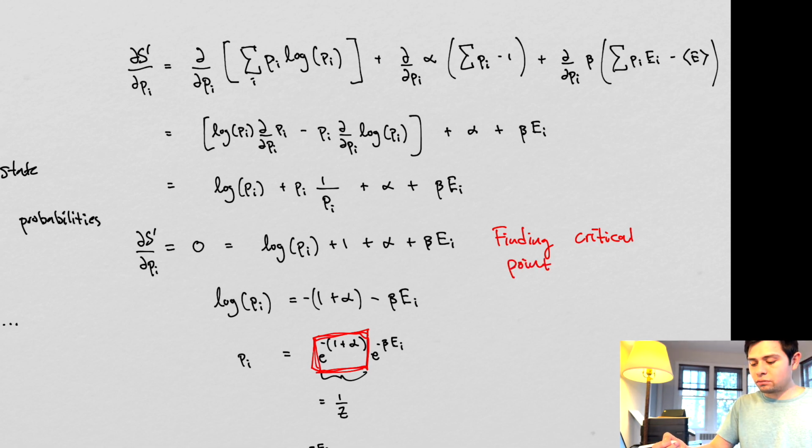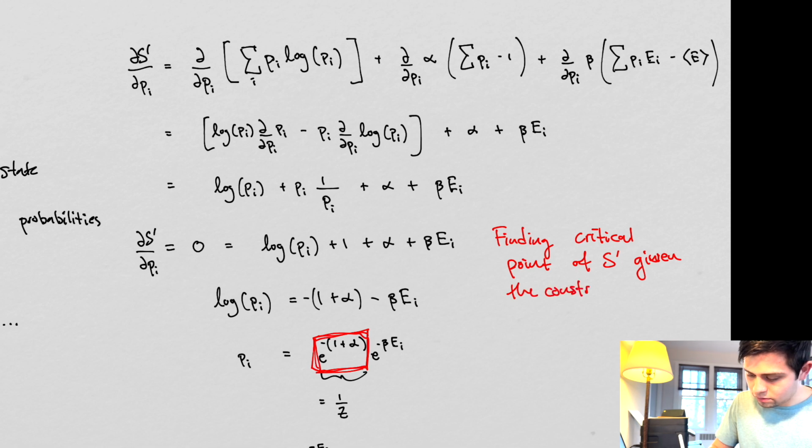We're finding a critical point of S prime, given the constraints. Okay?